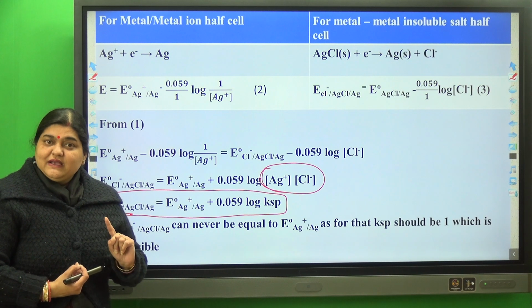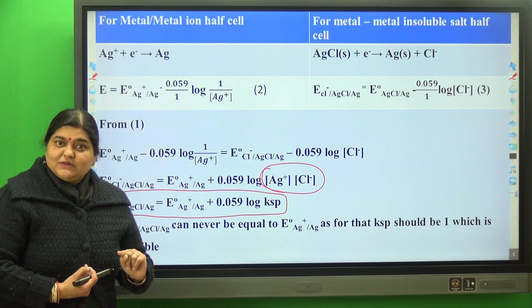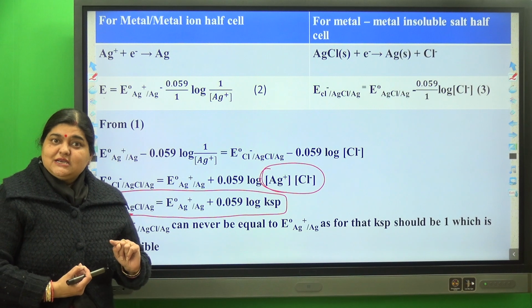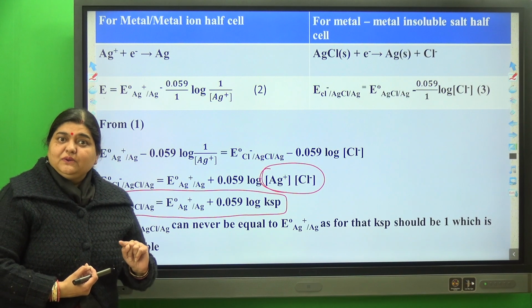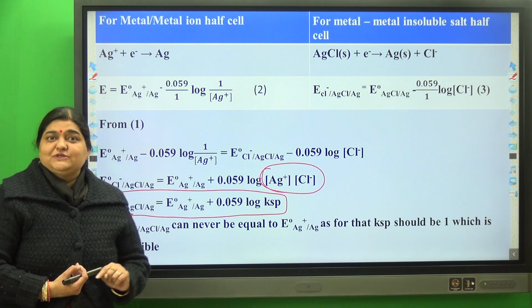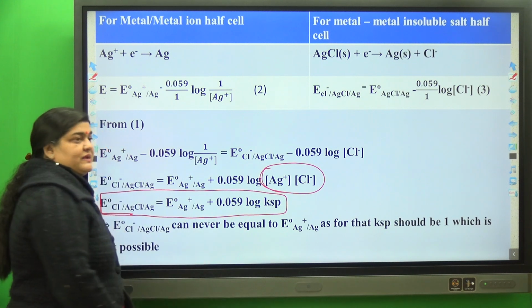And when we are taking metal electrode coated with its insoluble salt, we have to coat with sparingly soluble salt and we have to dip it in a common anion. We are taking a saturated solution. Only then we can equate it in terms of Ksp.